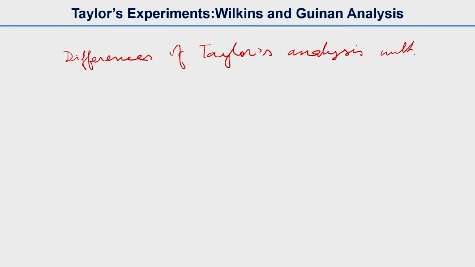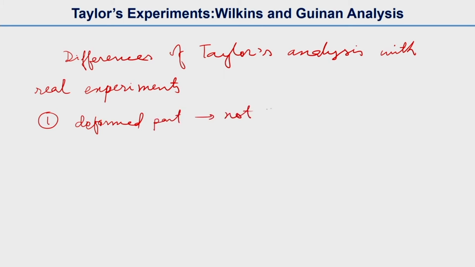So the main differences between Taylor's analysis and real experiments are, number one, the deformed part may not be conical.